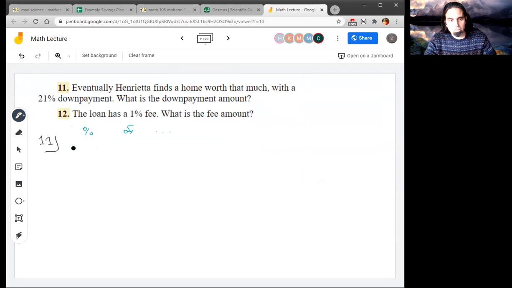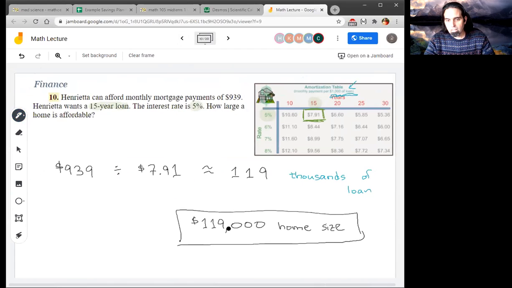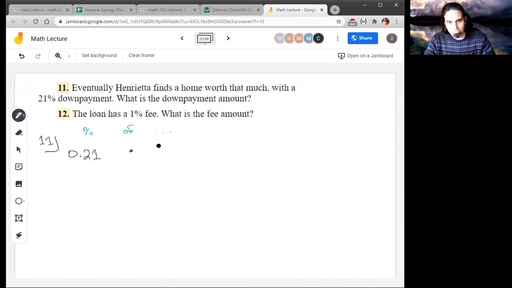So 21%, we're going to change to 0.21. Of, we're going to change to multiply, and 119,000. So 24,990.